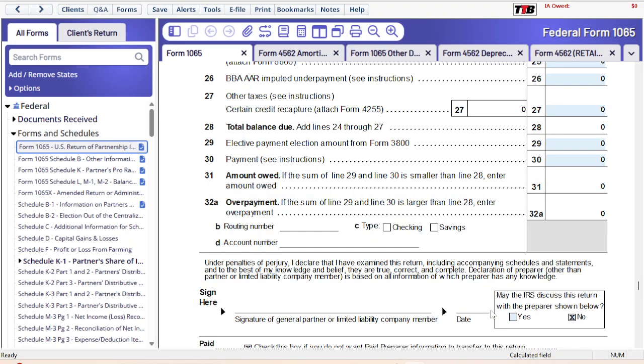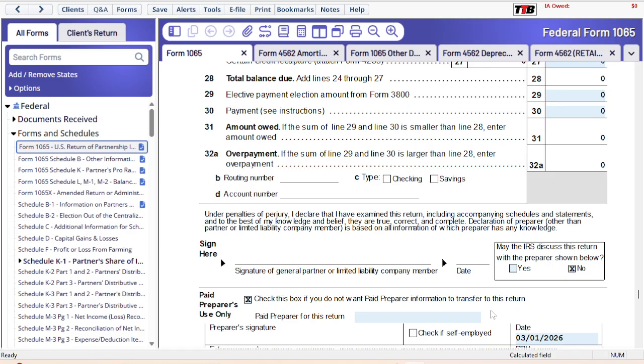So that is how we file Form 1065, and that is part one of this video.